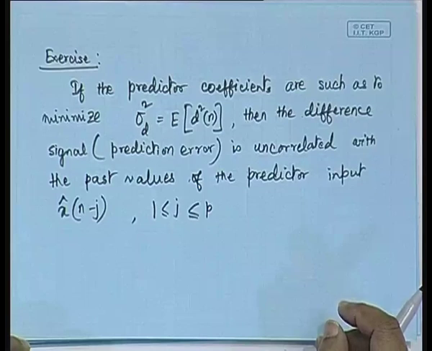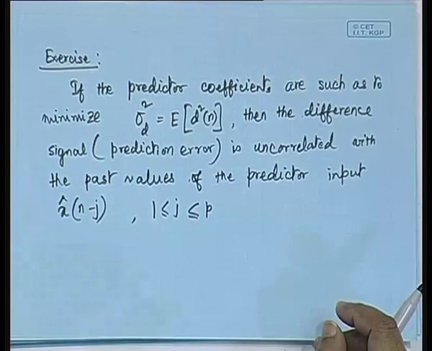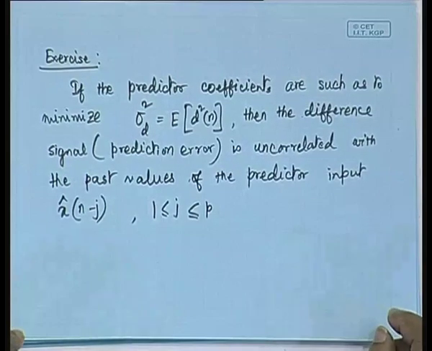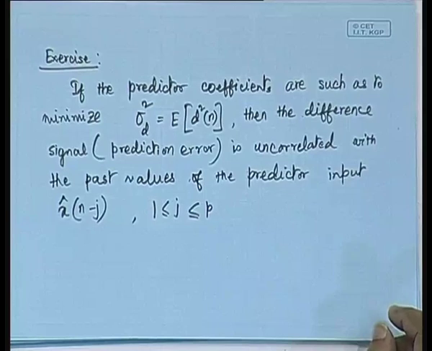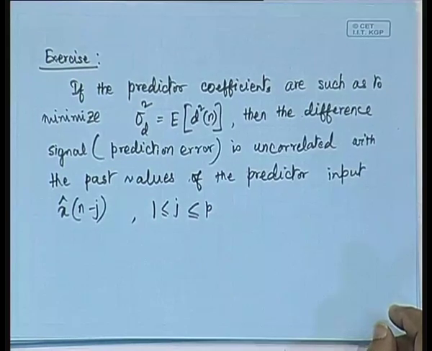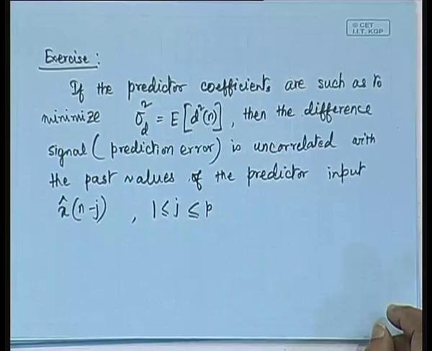This will be fairly easy to solve. Take the linear predictor model, and you know how to obtain the difference signal. The difference signal is nothing but d of n is xn minus x tilde n.